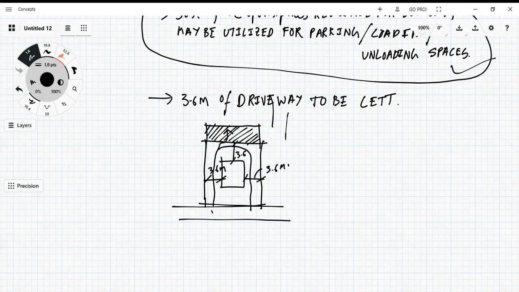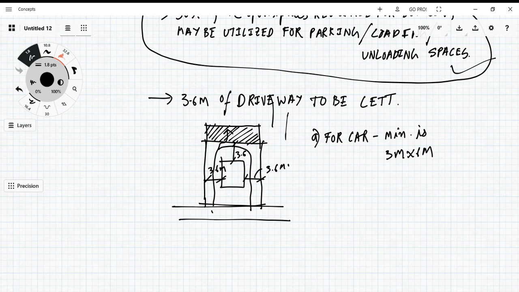Also, each off-street parking space provided for vehicles shall be as follows. In the National Building Code they have given the parking space required for vehicles, and the parking area space also. For a car, the minimum is 3 meters by 6 meters.